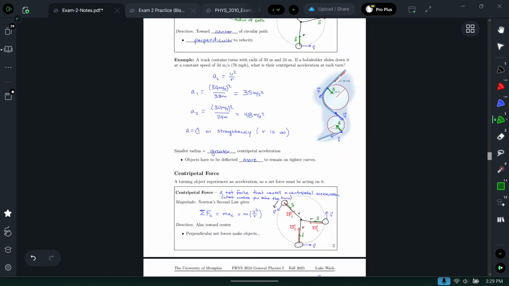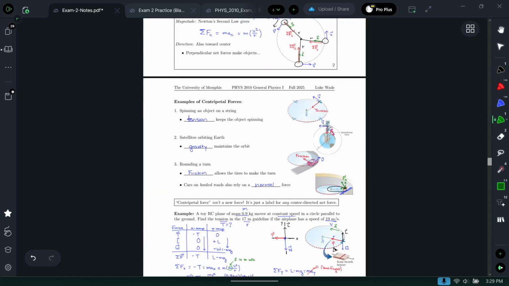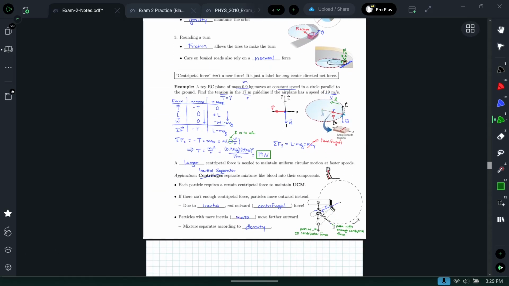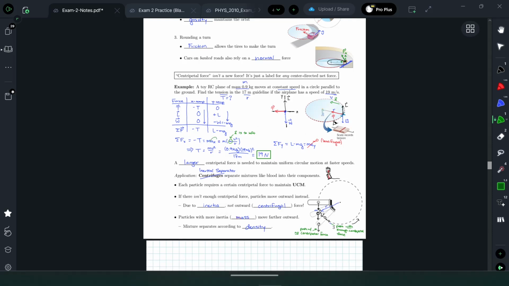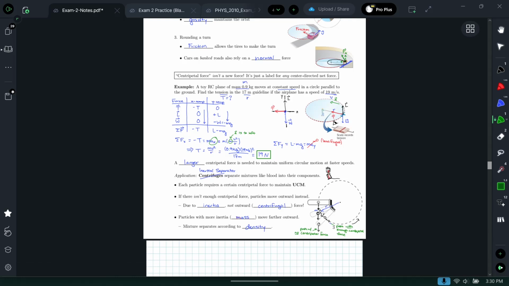To work with centripetal acceleration, though, you add it as an extra layer to your free body diagram analysis. It's a new thing in your toolkit to know that if something's moving in a circle, instead of your options for acceleration being either 0 or just some number, now you can say, specifically for circular motion, it's v squared over r along with whatever direction that acceleration is in.